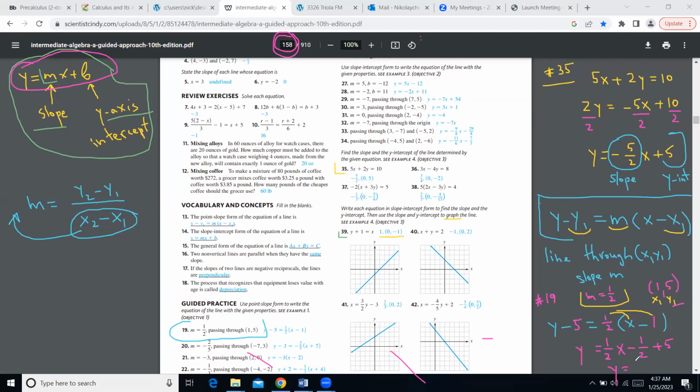So we get 1/2 times x, and then 5 minus 1/2 will be 4.5. You can put this in your calculators and get the result.